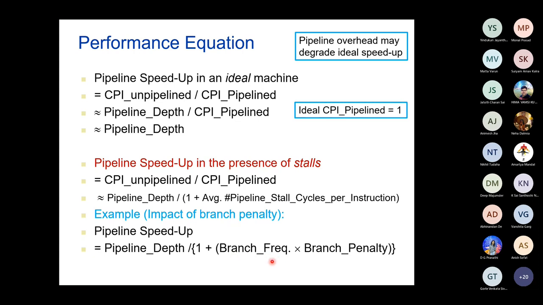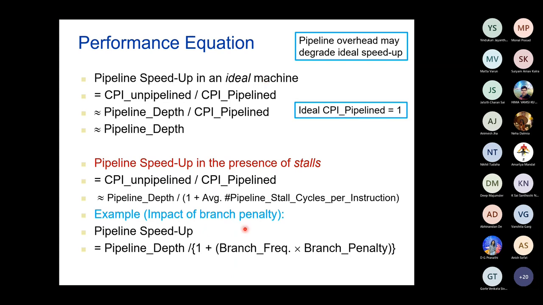If I know the branch frequency, say for example 30% of my instructions are branch instructions, multiplied by the branch penalty, suppose for my implementation the branch penalty is 1 or whatever, then I can estimate my pipeline speedup in the presence of stalls.